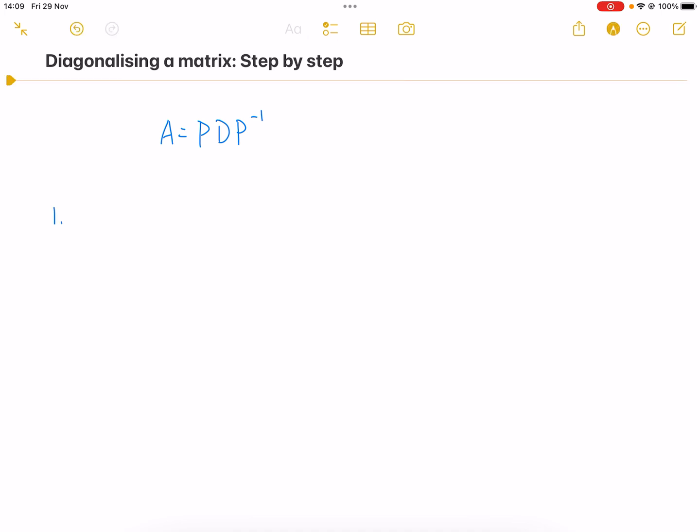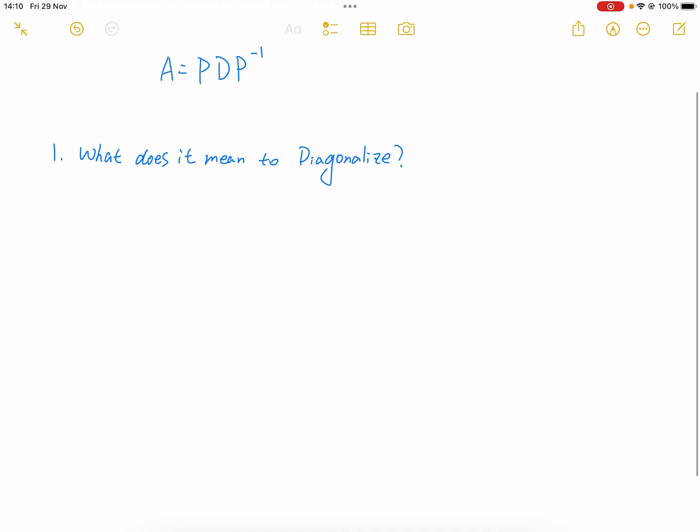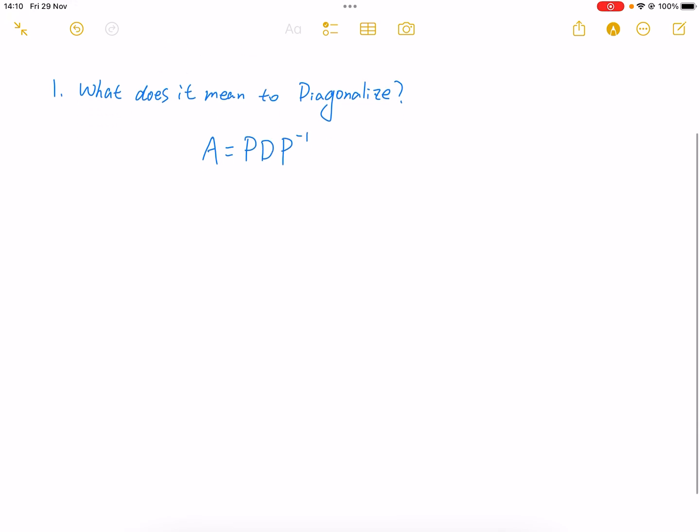So first, what does it mean to diagonalize? Diagonalizing a matrix means rewriting it in the form A equals P times D times P inverse.